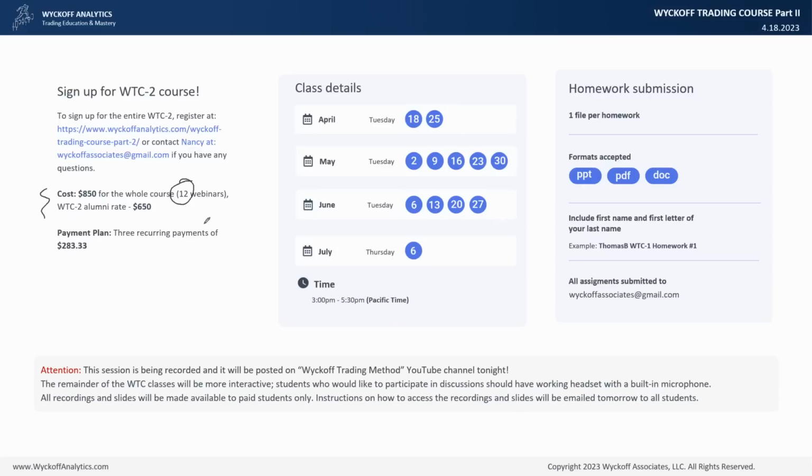Now, it doesn't really matter, especially for this class, WTC2, where we practice and we do a lot of drills and you do a lot of homework. So it doesn't really matter whether we have 15 sessions or 12. Practice is practice, so we're just practicing 3 weeks less, and therefore the price is less.